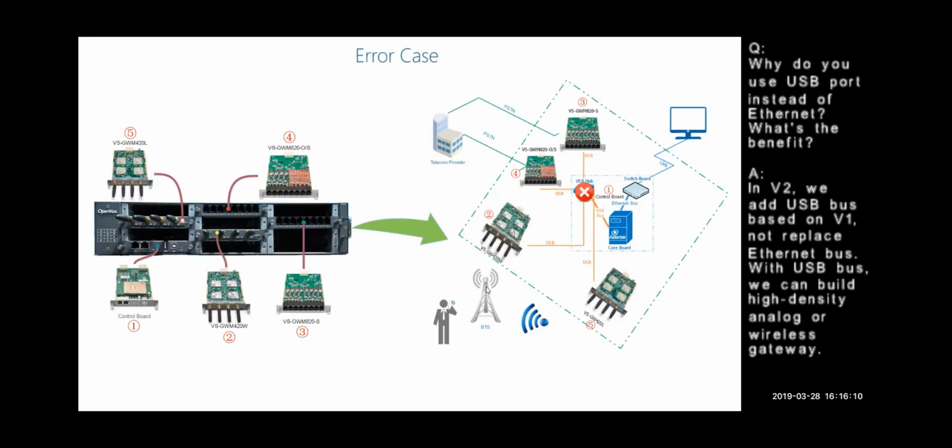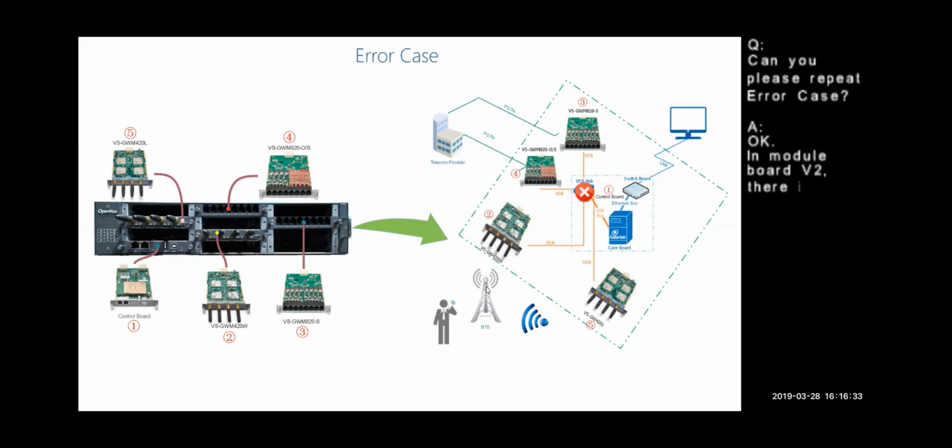That means in V2 we have 3 buses: power bus, USB bus, and Ethernet bus. And V1 only has power bus and Ethernet bus. The USB bus is an additional bus, not instead. It's an add-on.